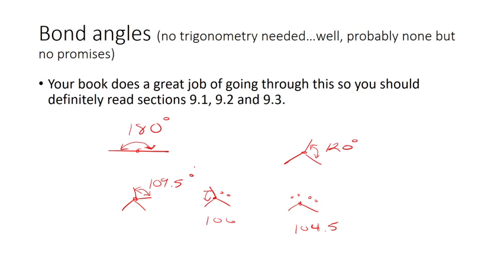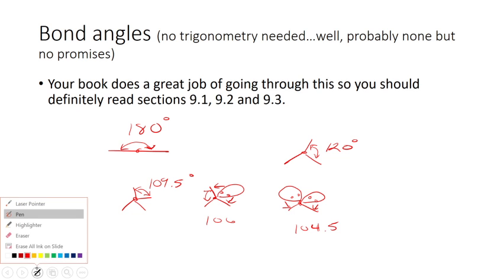So what's going on here is that these lone pairs are in their hybridized orbital and they're taking up a bunch of space. Electrons do not like to be near each other. This is pushing on all the other bonds that are close to it, because bonds are just electrons, and they're pushing those electrons in the bonds away from the lone pair, and so making the angle smaller. All right, so that is what's going on with those.